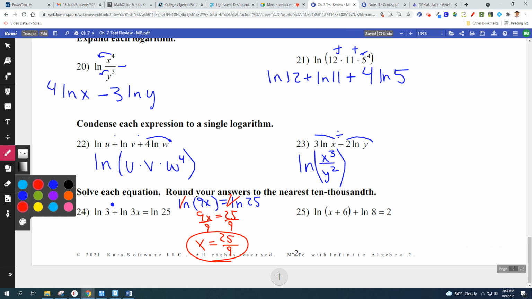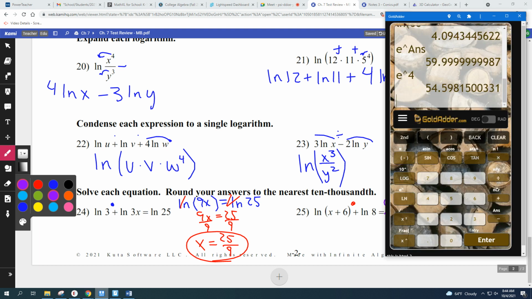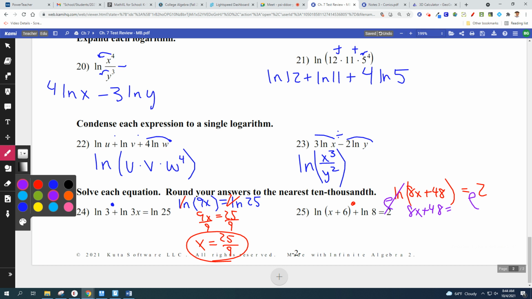Last one, need to condense. So this plus becomes times. Natural log of 8x plus 48, when I multiply that, equals 2. We're going to need to do a base e to cancel out that natural log. I get 8x plus 48 is whatever e squared is. E squared, 7.3891. Subtract 48.